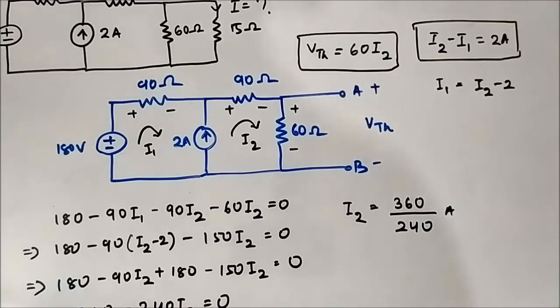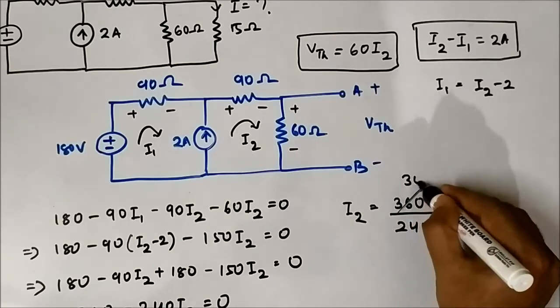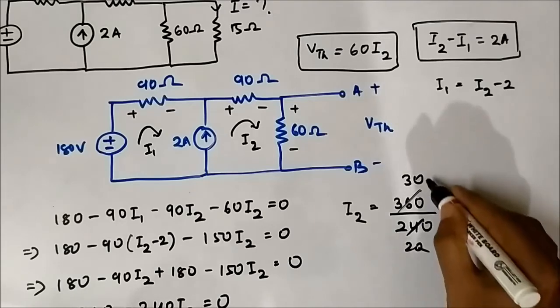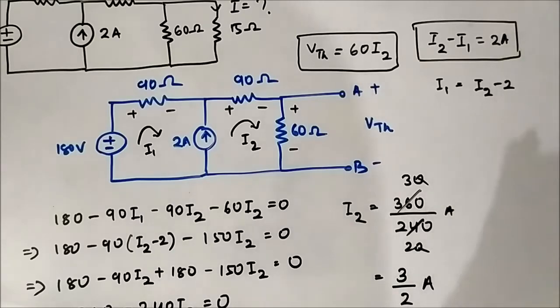If we cancel it by 12, that is 3 by 2 ampere. I2 is 3 by 2 ampere.